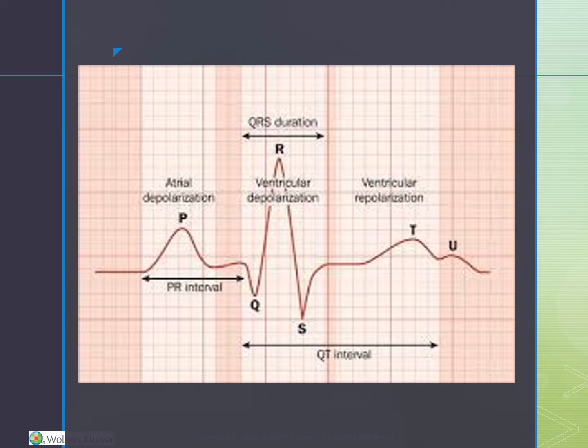We're going to look at the PR interval, the QRS complexes, the ST segment, and the T waves. We want to know if they're upright or inverted. Now for NCLEX, what you need to know, and I will be pointing those out as we go, is fast, slow, no go.